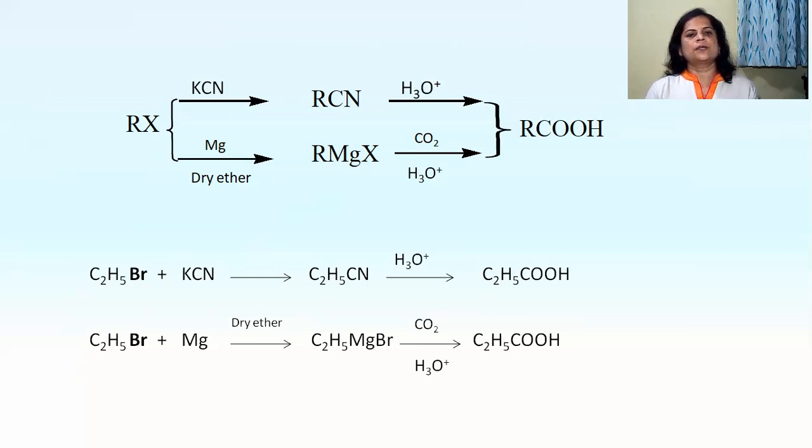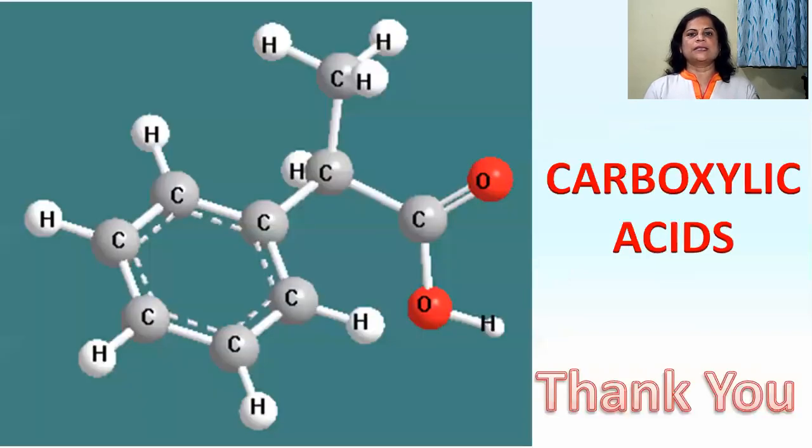So this is the conversion of alkyl halides to acids. Now we have completed the methods for the preparation of carboxylic acids using acyl chlorides and Grignard's reagents. In this way we completed that part.